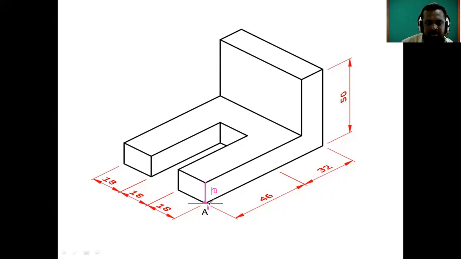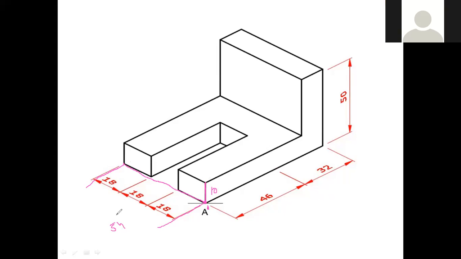Then see here, what is the total length of this line? 54. 18 plus 18 plus 18 plus 10 is 54. Then we have assumed this length is 10 mm.